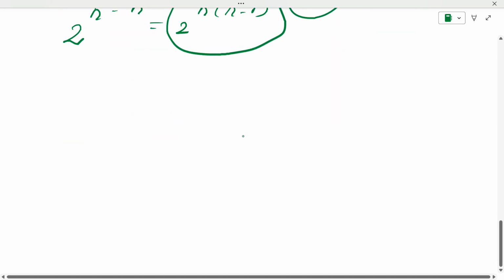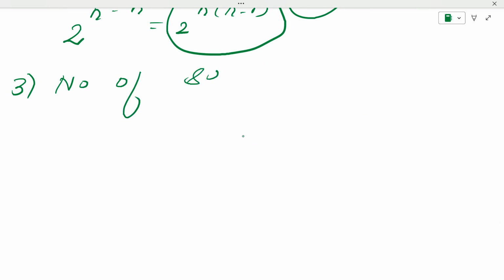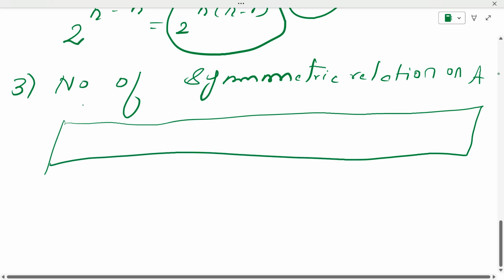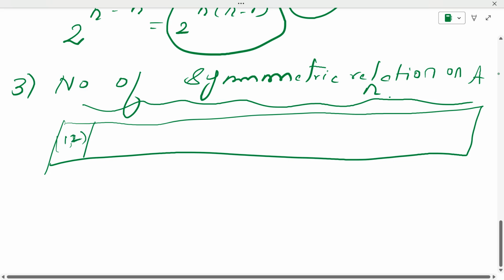Okay. Then the next point is the number of symmetric relations on A. Now this is something you need to think about, because when we talk of a symmetric relation, we say that if AB is present in R, then BA has to be present. So if we take the total n square elements, if we take 1 2, and 1 2 is present, then 2 1 has to be present.